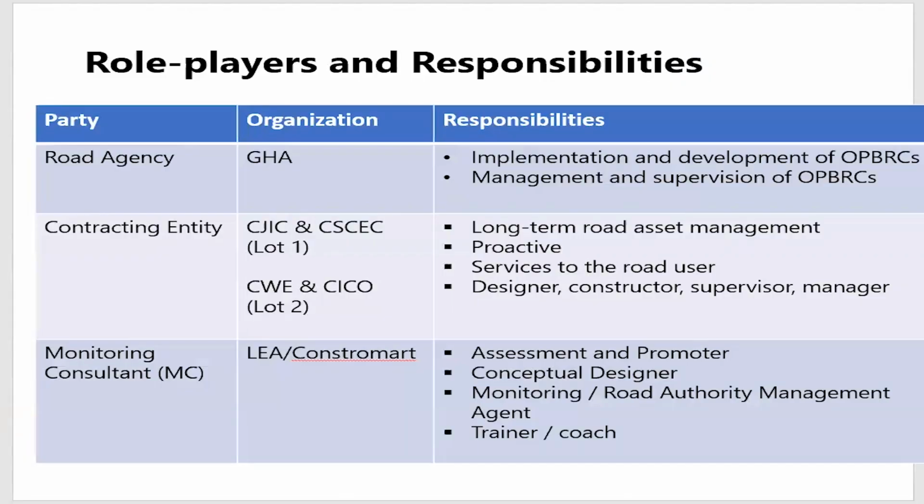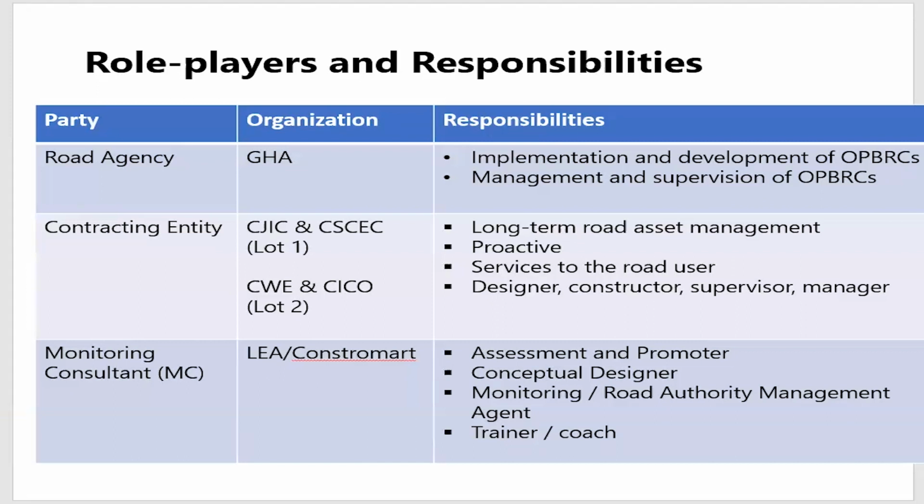For now, these are the key players on the project. We have 3 key players: the road agency, the contracting entity, and the monitoring consultant. For this project, we have broken it into 2 lots because of the length, 168 kilometers.